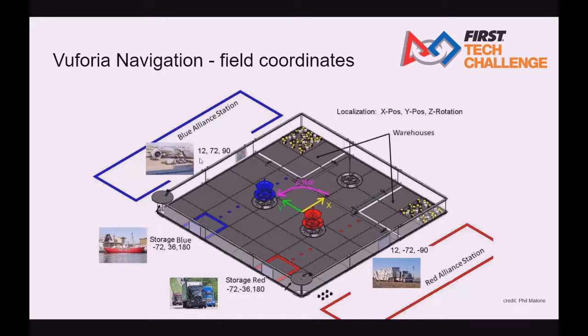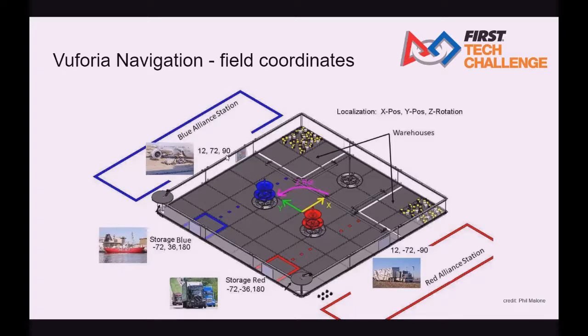At each target image, the first 2 numbers are the X and Y positions of the center of the image. The units are inches. The third number is the Z angle or heading in degrees.